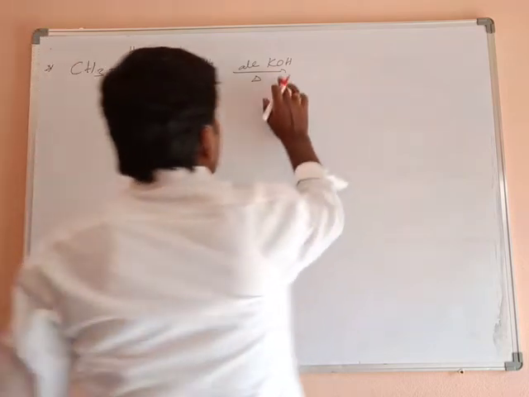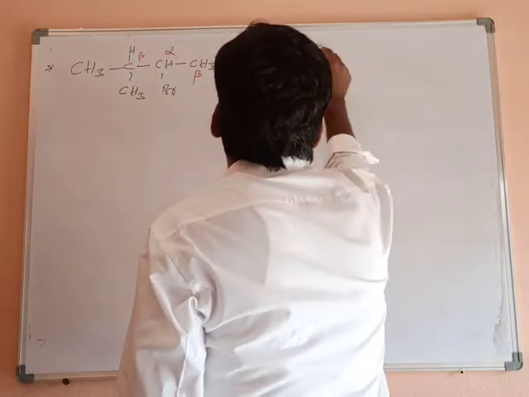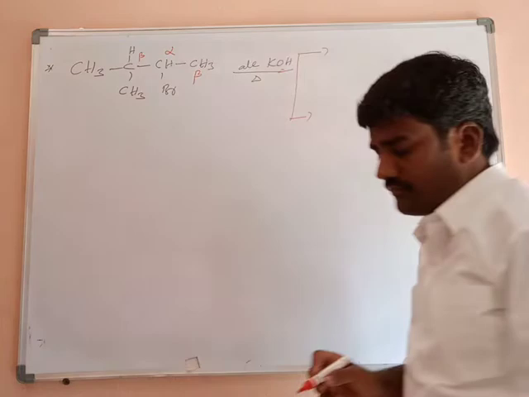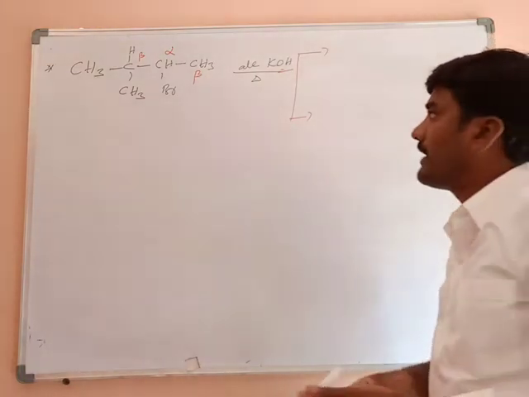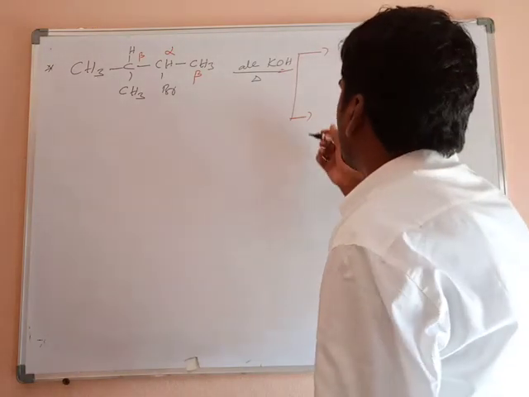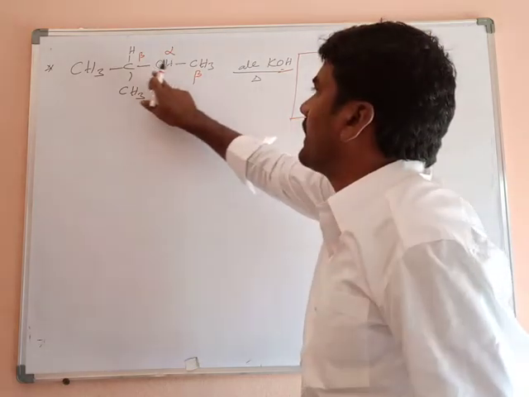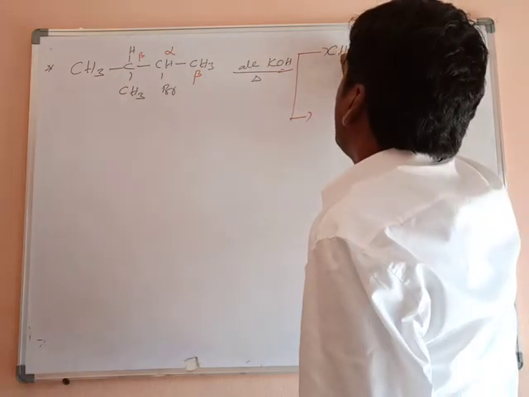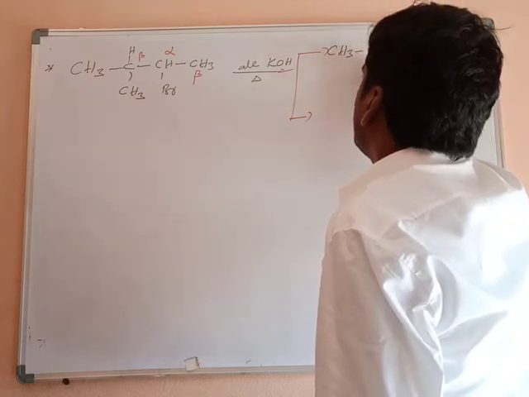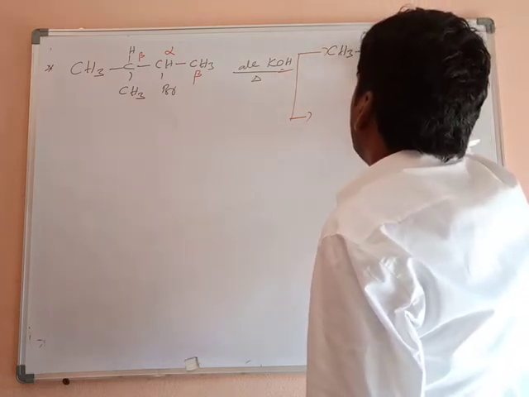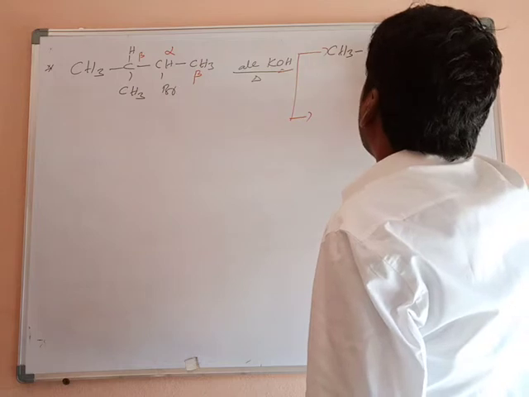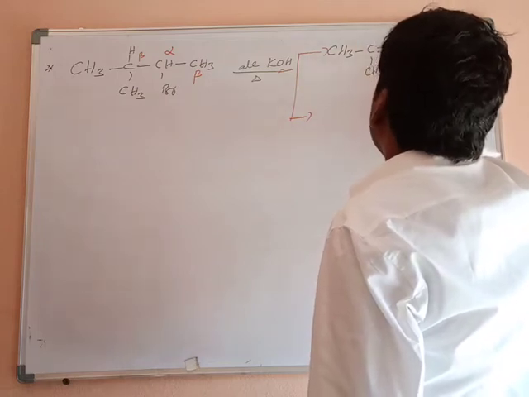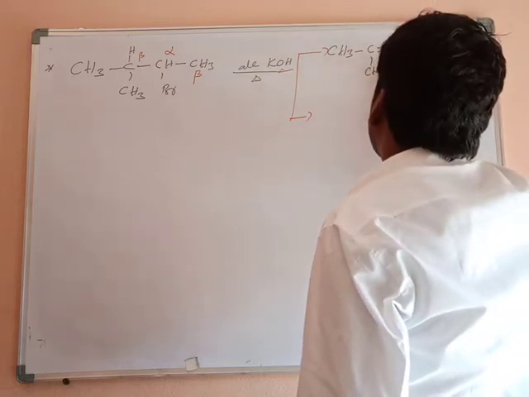Now here 2 products are possible. One is major and another is minor. What is the major product? According to the Saytzeff rule, the hydrogen atom is eliminated from the left side beta carbon. So CH3, single bond, CH, double bond, CH, single bond, CH3. This is the major product.